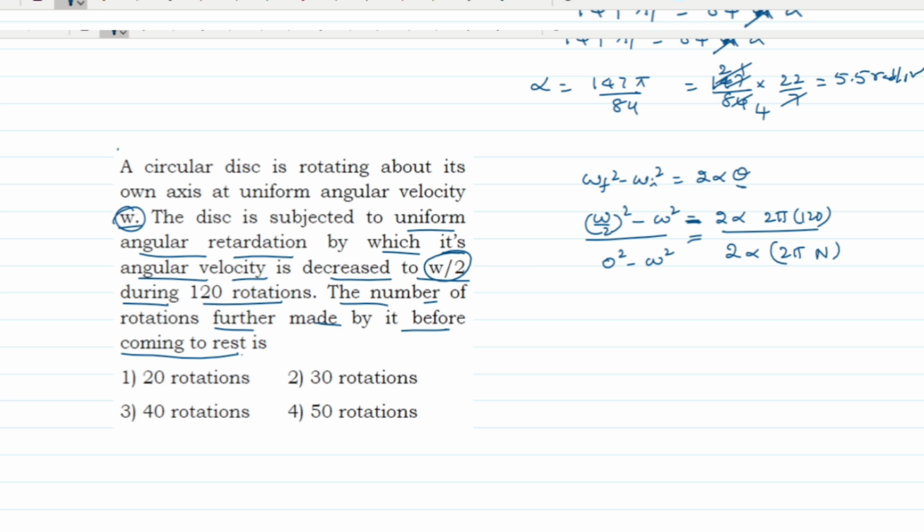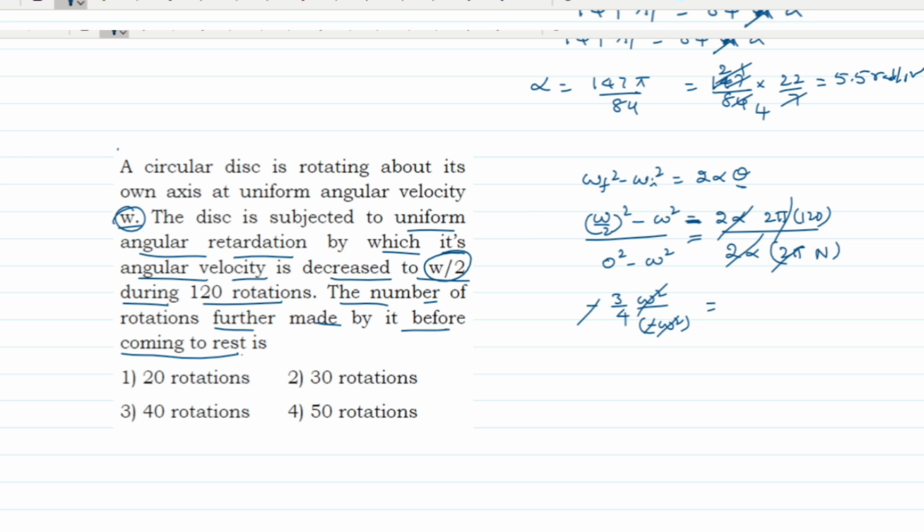Here 2 alpha gets cancelled, and 2 pi gets cancelled. Omega by 2 whole square is 1 by 4, minus 1, which is minus 3 by 4 omega square. In the denominator we get minus omega square, so the minus gets cancelled and omega square gets cancelled.